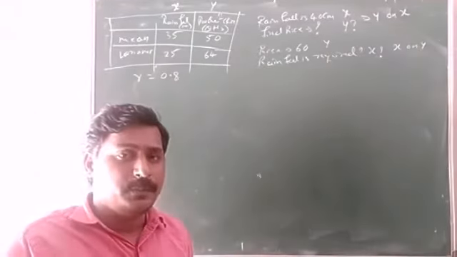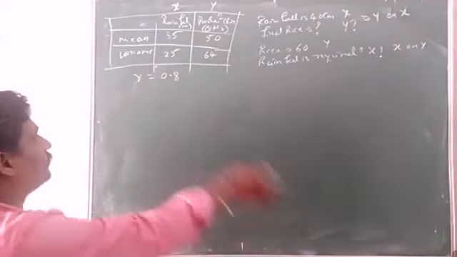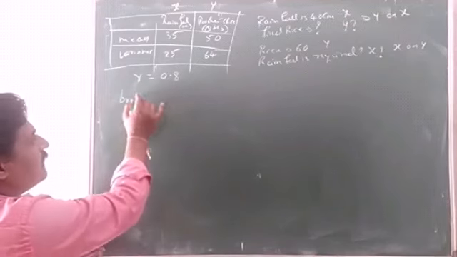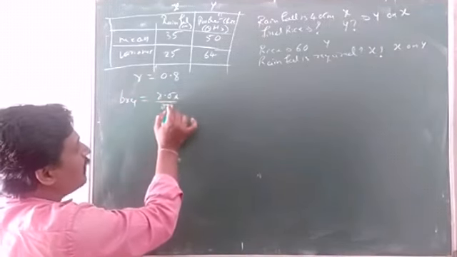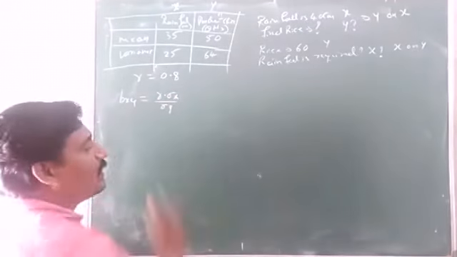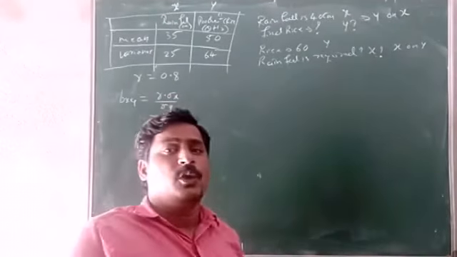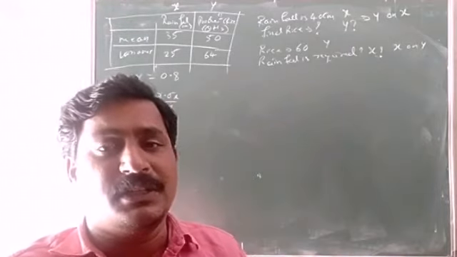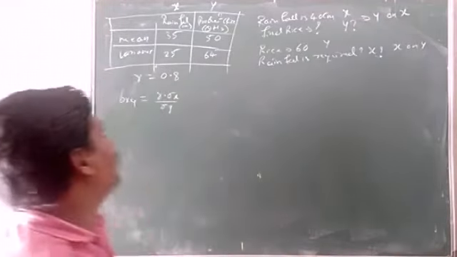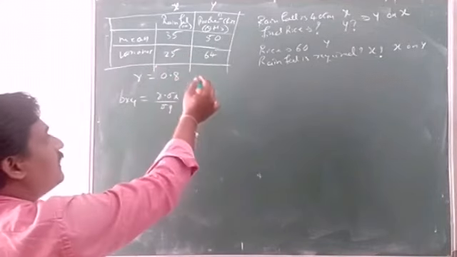Bxy and Byx. So Bxy is equal to r into sigma x divided by sigma y. Here they have given variance. Variance is nothing but the square of standard deviation, that is sigma. So they have given sigma square here. Find the sigma value for both.